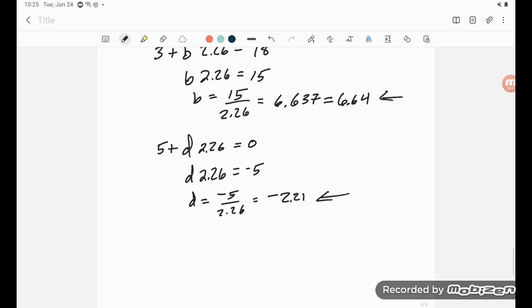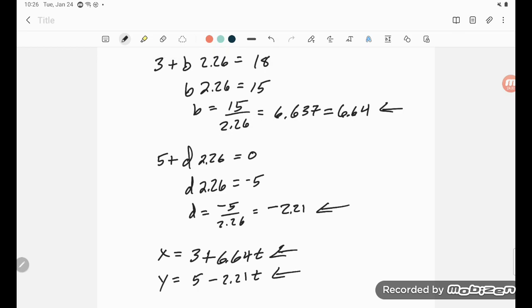And so our equations of motion are that x is equal to 3 plus 6.64t, and y is equal to 5 minus 2.21t. And we can see that x is getting bigger as time gets bigger, and y is getting smaller.